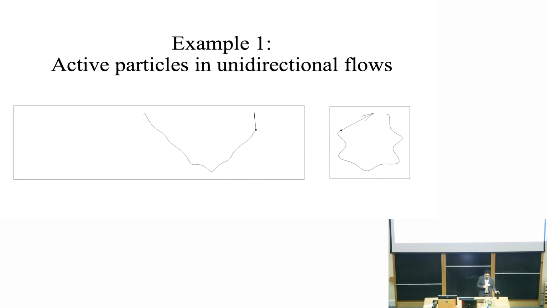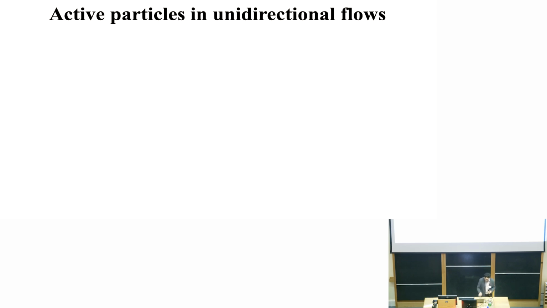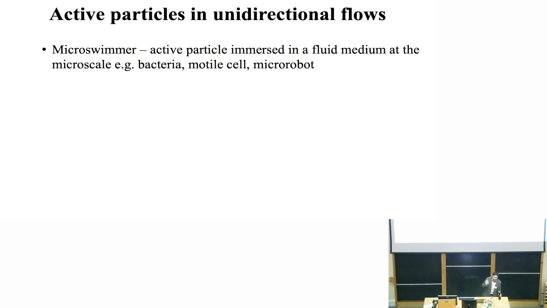All right, so with that, let's move on to the first example, which is an active particle flowing in a unidirectional fluid flow. Going back to our active particles that were introduced in the first slide, an active particle immersed in a fluid medium is called a microswimmer.